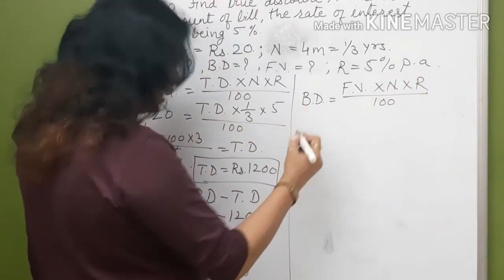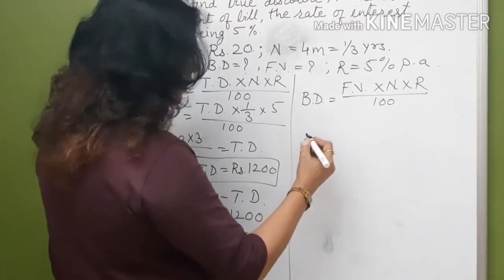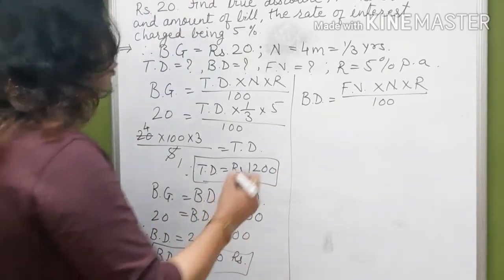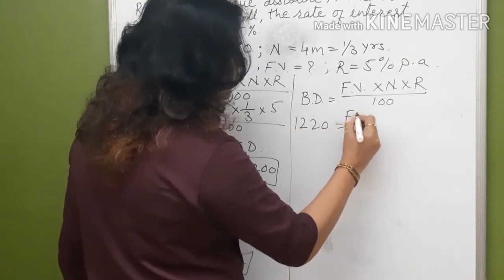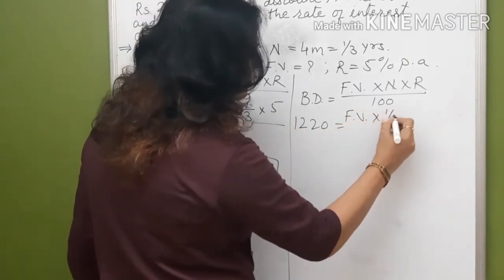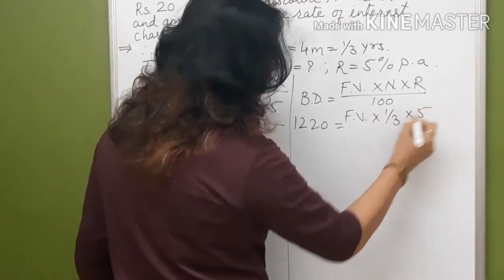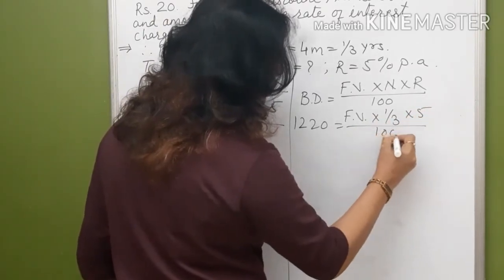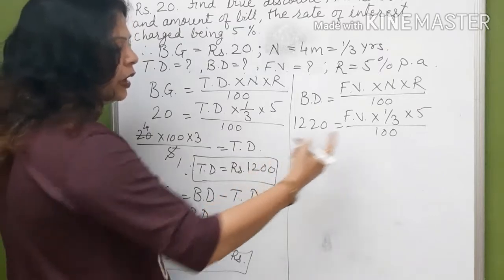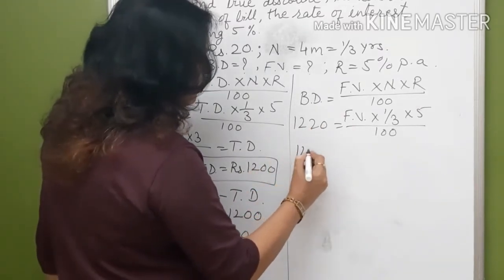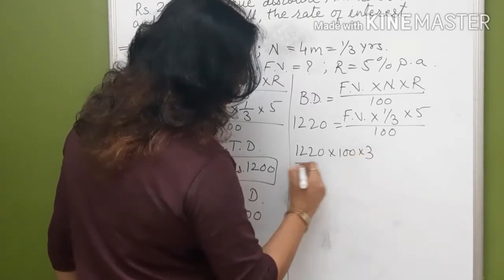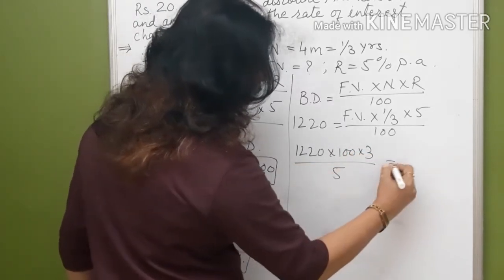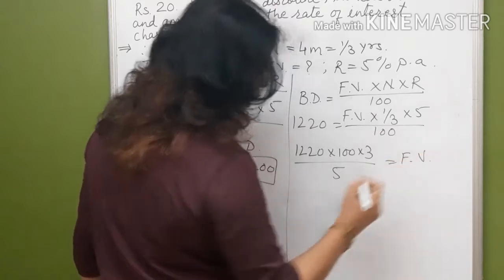So banker's discount we have got 1220, face value, N is 1/3, R is 5 upon 100. Again take this on this side. 1220 into 100 into 3 upon 5 is equal to your face value.